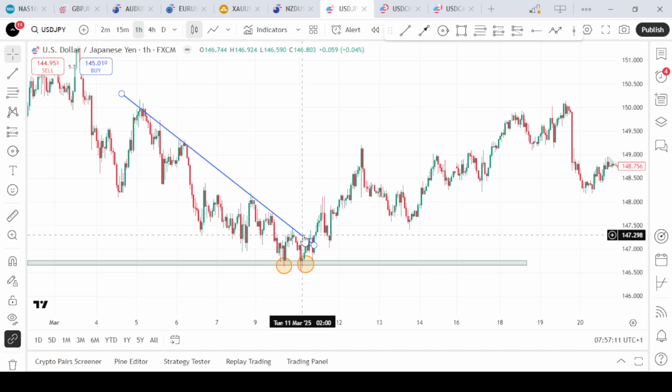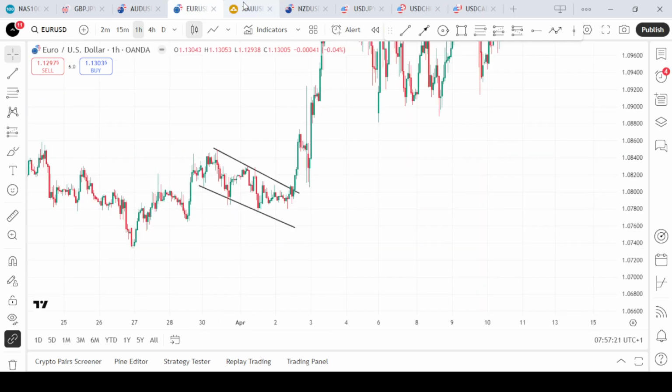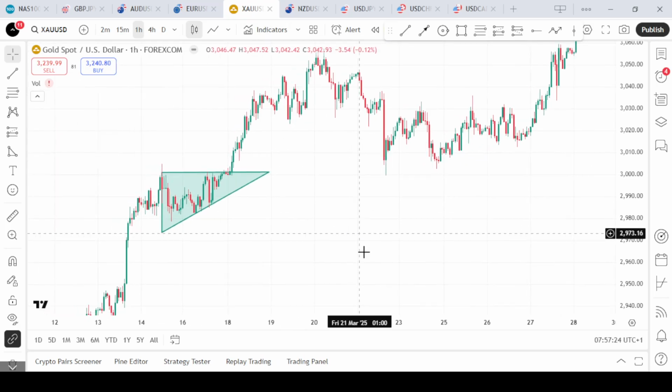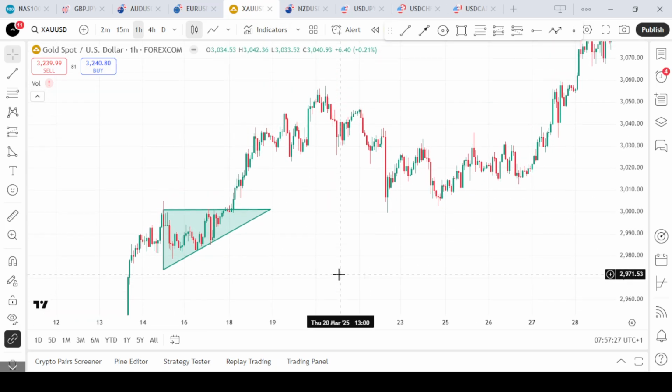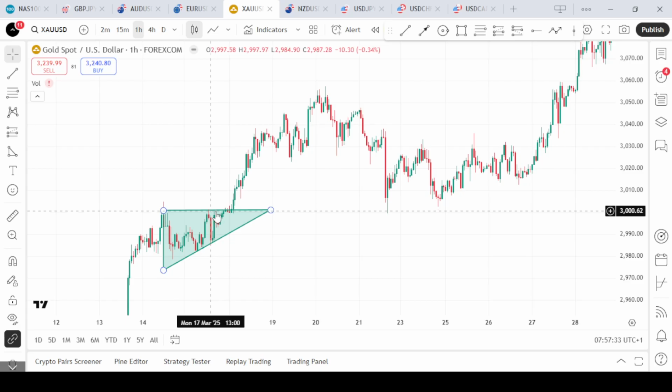Now, for continuation patterns, we'll talk about an ascending triangle. This pattern occurs when price forms higher lows but repeatedly tests the resistance area.